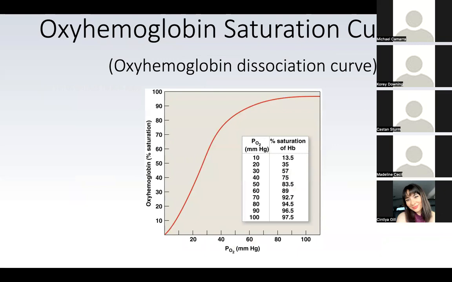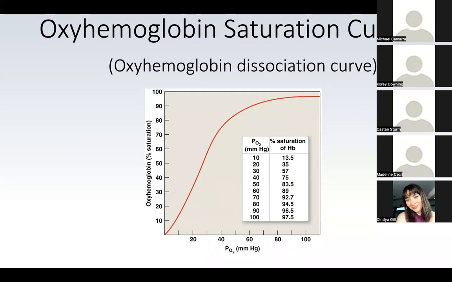For oxyhemoglobin saturation specifically, there's going to be a specific curve representing the easiness of oxygen binding to the second, third, and fourth heme group, or second, third, and fourth iron ion.